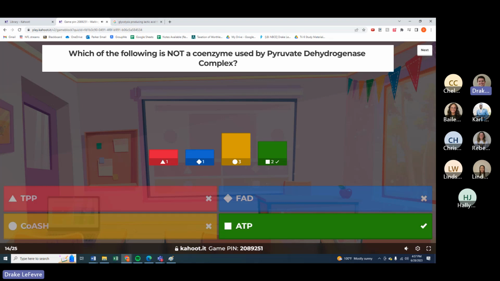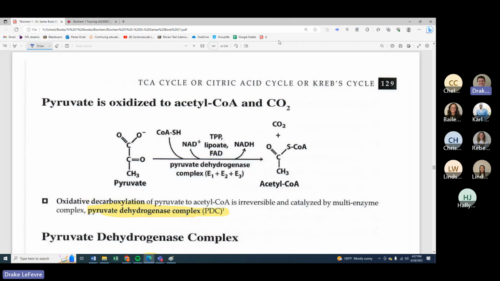That's kind of what I expect with this. So for the pyruvate dehydrogenase complex, you should not have a ton of questions covering this because he does not really focus on it a lot in the lecture material, but he does have a substantial chunk in the actual reading that covers it.